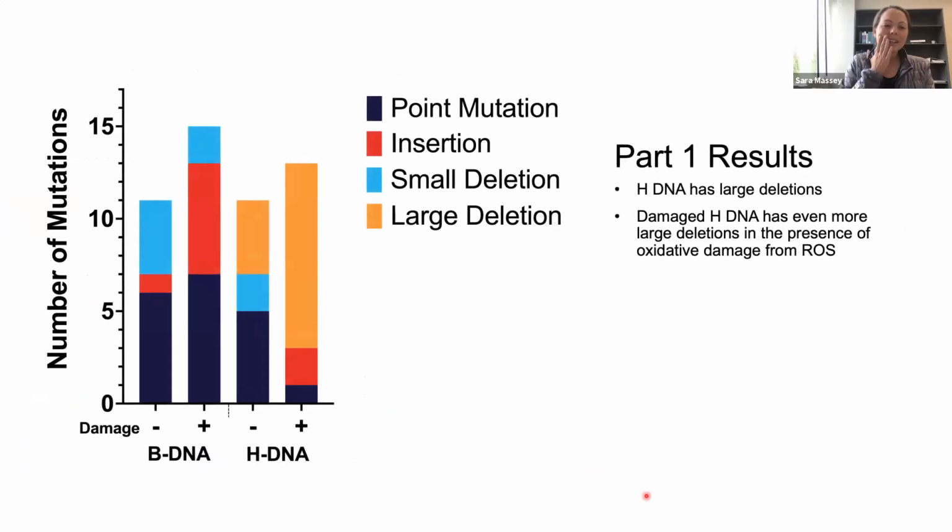Okay, so it looks like there's both an increase in the number of mutations when there's the positive for the damage, as well as a big change in which mutations are present. So do you have any idea why there is a decrease in the number of small deletion mutations? Are those being turned into something greater, or something happening with those in both the bDNA and HDNA?